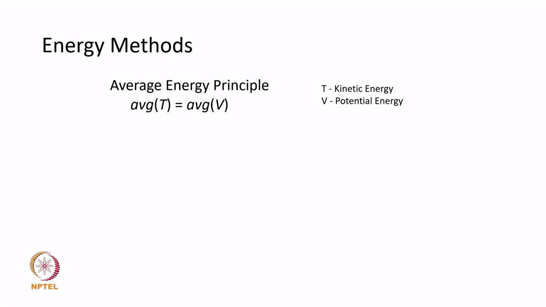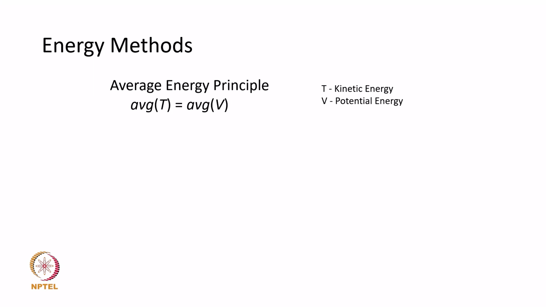The first approach, once we identify the total kinetic energy and the total potential energy of the system, is the average energy principle, wherein the average kinetic energy and average potential energy of a vibratory system are equated.